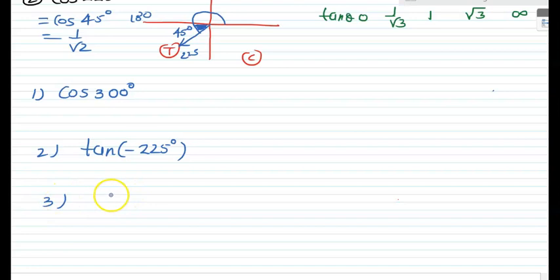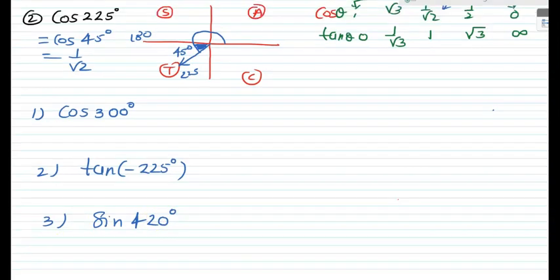And the third one is sine 420 degrees. Please pause the video and have a go. So there is one correction here. Cos 225 should be cos 45, but we are in the tan house, so this value should be negative, minus 1 over root 2 or minus cos 45. Please start doing questions number 1, 2 and 3 now.